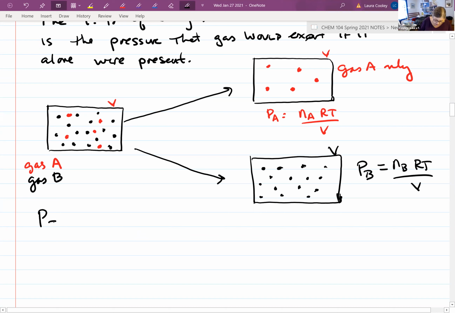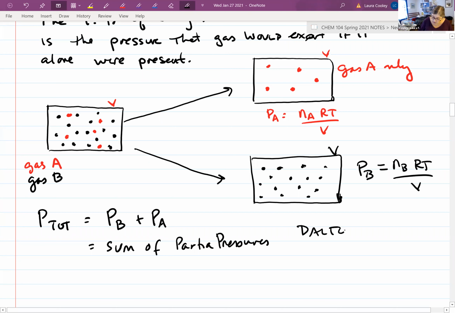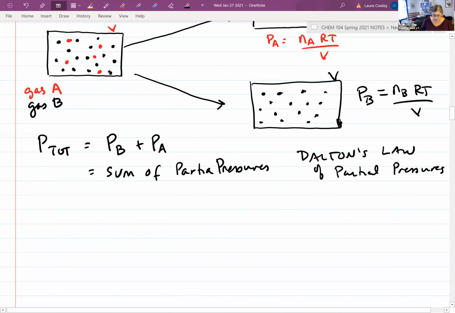Well, the total pressure is going to be the sum of the 2 partial pressures. And this actually has a name. This is called Dalton's law of partial pressures, but you don't really need to know that. You just need to know that you can add together those partial pressures and get the total pressure.